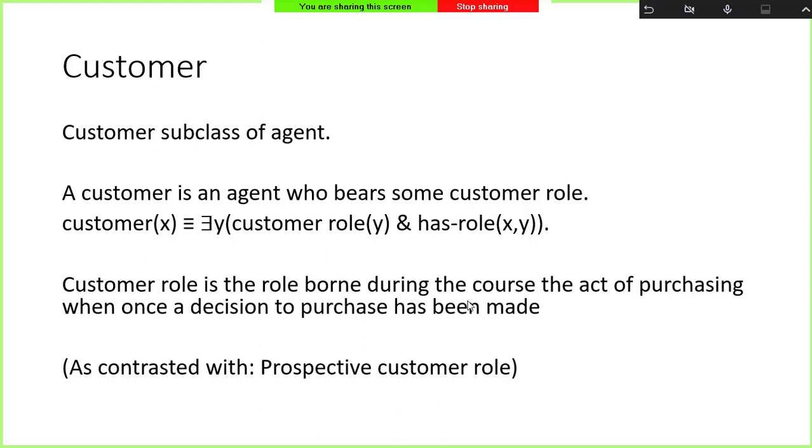Well, and we have a prospective customer role, which is the person who's just window shopping. This was requested in one of the discussions of the 20-term list. And then a purchaser is a customer who has succeeded in coming to the end of an active purchase.